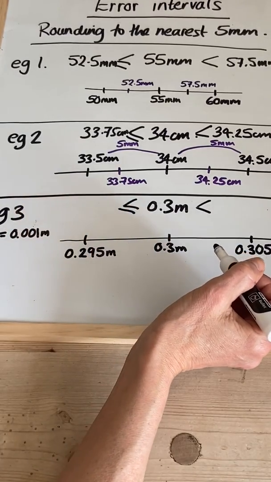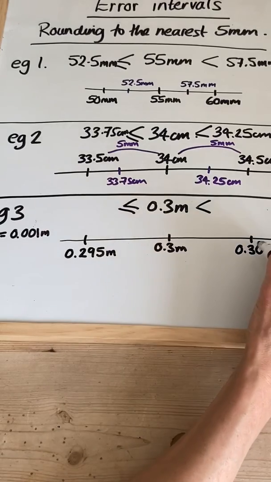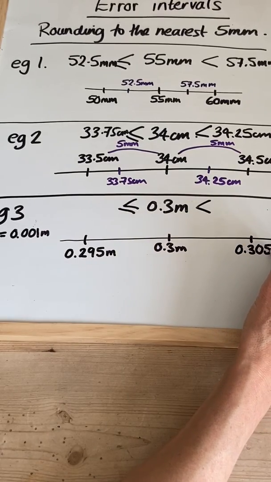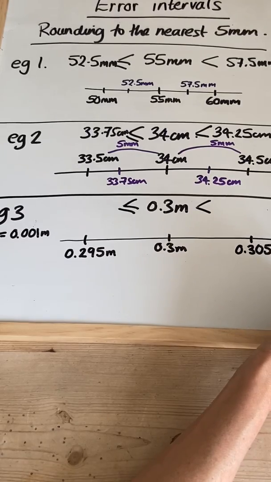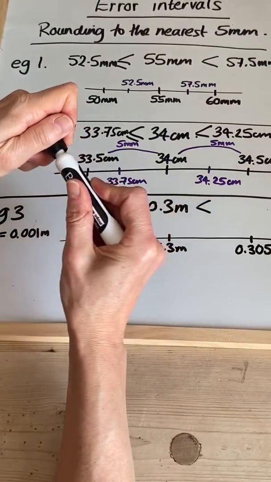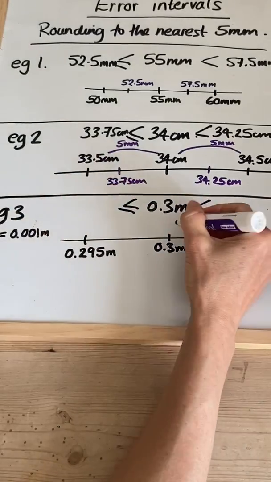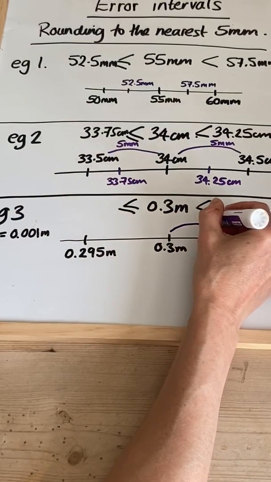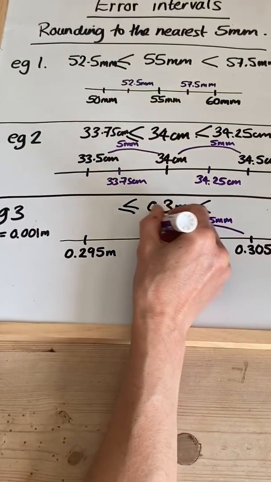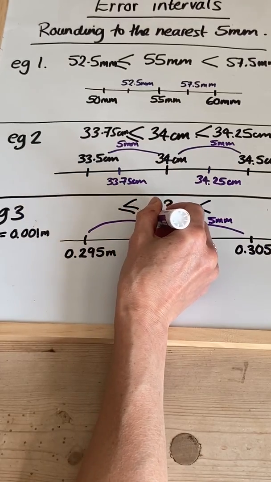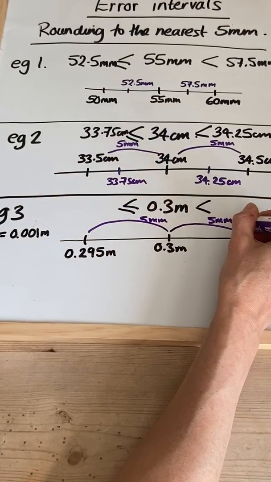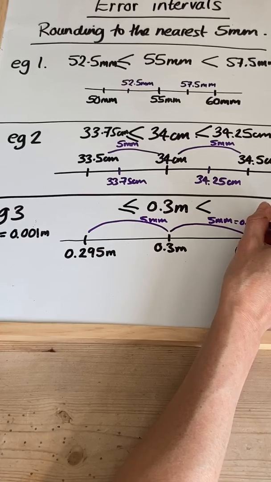There are 1,000 millimeters in a meter. So 0.005 for the 5 millimeters either way. And then the halfway point thing still happens. I'm just going to put my 5 millimeters either side here, 5 millimeters, 5 millimeters. So that's 0.005 meters.